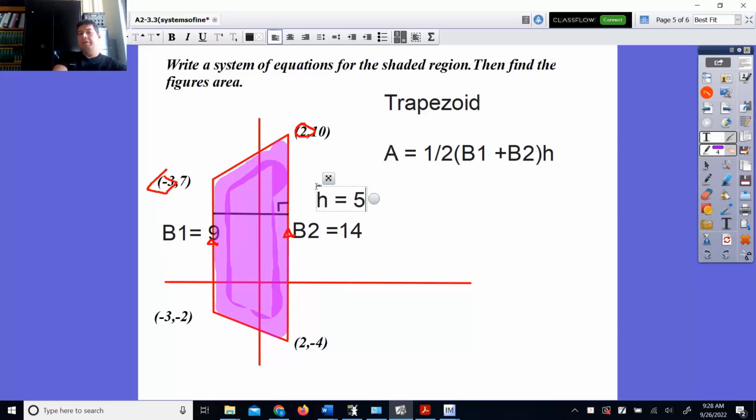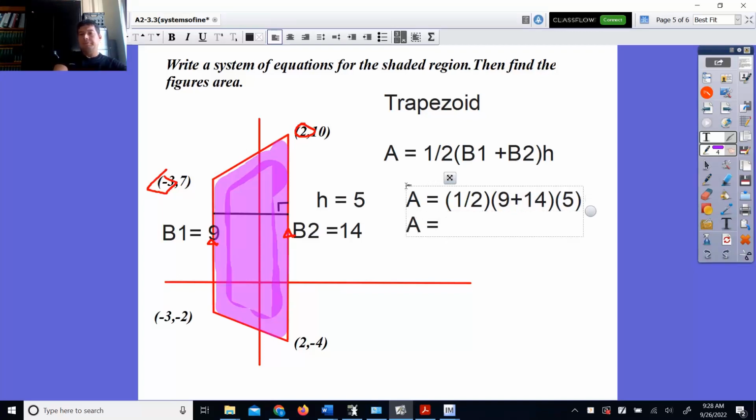Do you have all the pieces you need? I think you do. We got 1/2. Base 1 is 9. Base 2 is 14. And then we're going to multiply by 5. You're supposed to do PEMDAS here. Sometimes you do, sometimes you don't. What's 9 plus 14? 23 times 5.